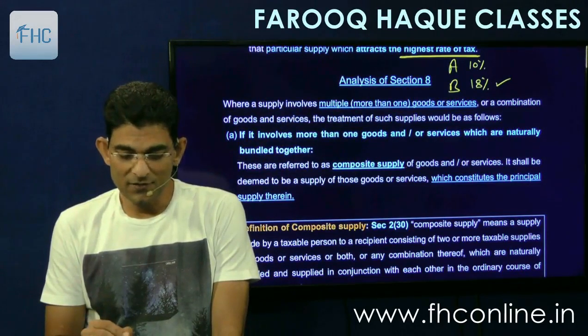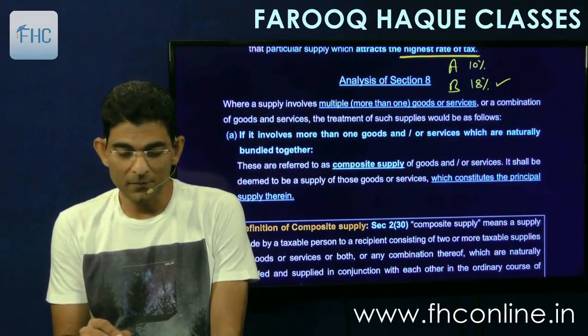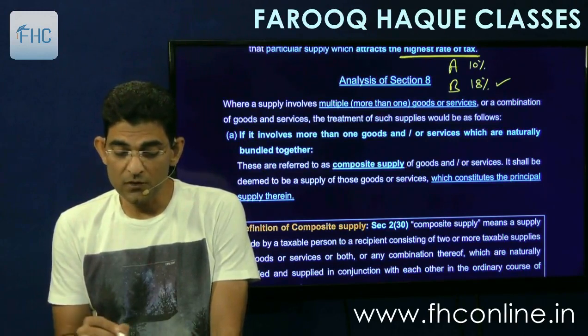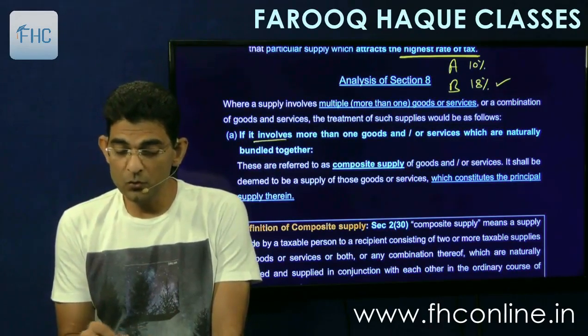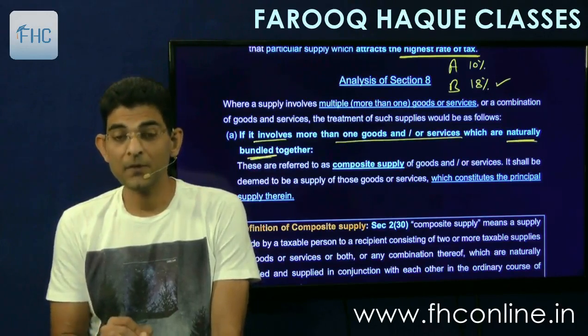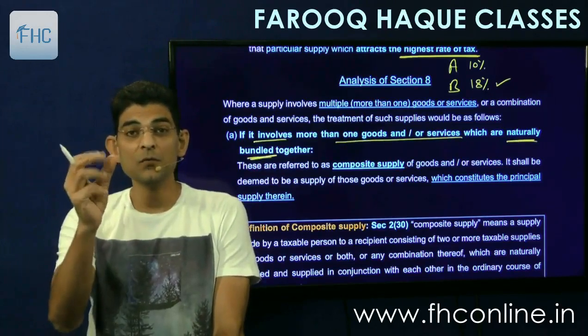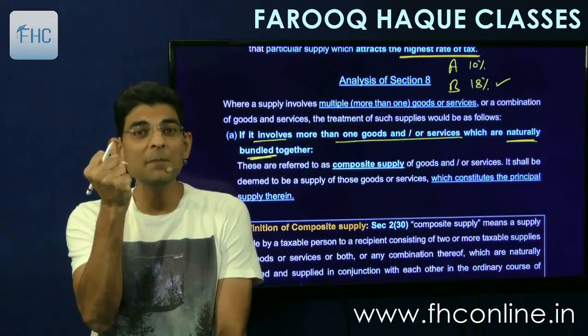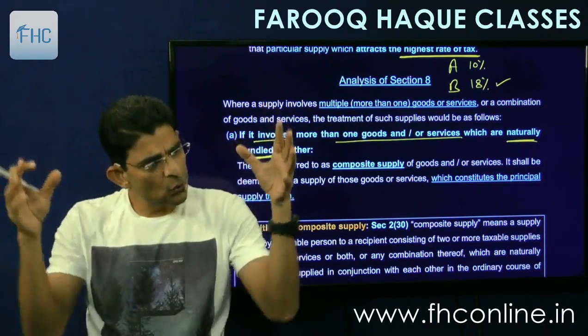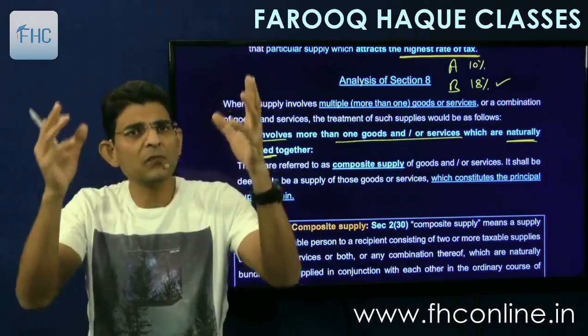So the analysis says that where the supply involves multiple supplies, that is a combination of goods or services or a combination, the treatment of such supplies would be as follows. If it involves more than one goods or services which are naturally bundled together, this is the definition of composite supply. Naturally bundled means two things which are sold together in the course of trade.